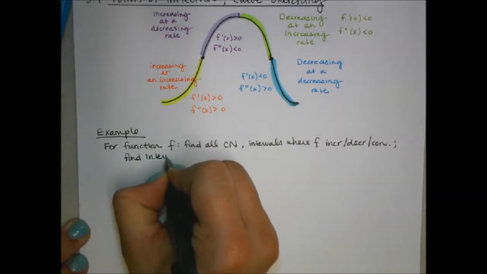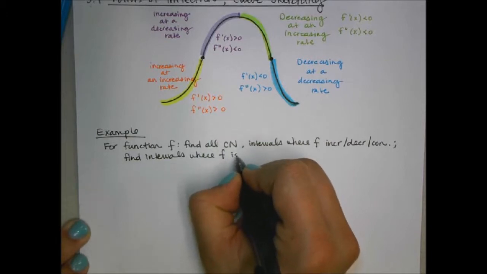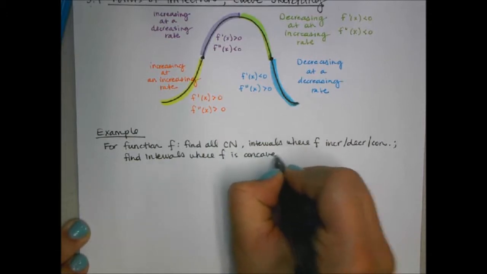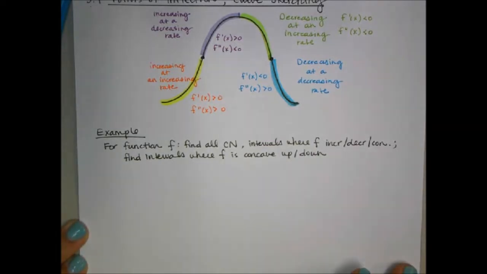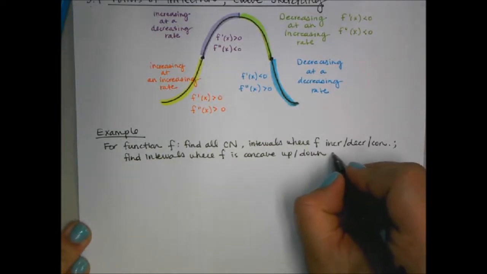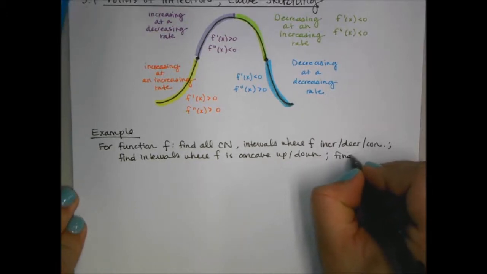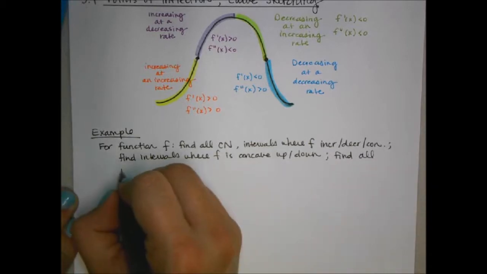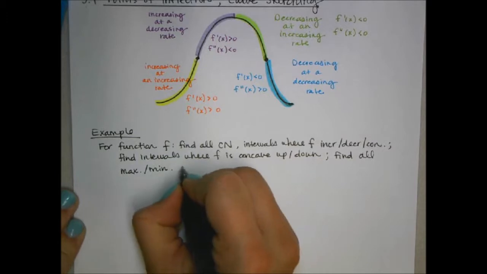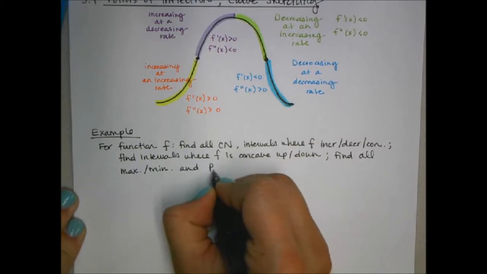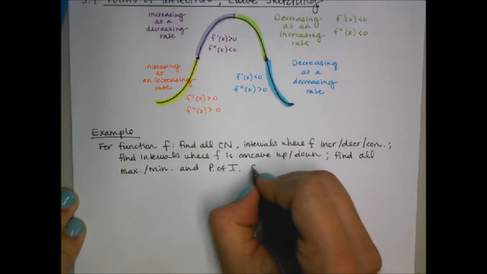The intervals where f is concave up or down, or possibly has no concavity. And we want to find all relative maximums, minimums, and points of inflection. We're going to take all of this information and sketch a curve.